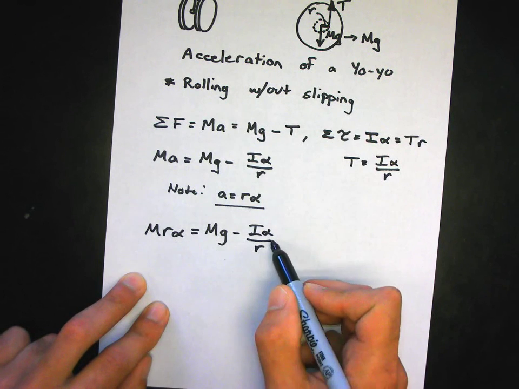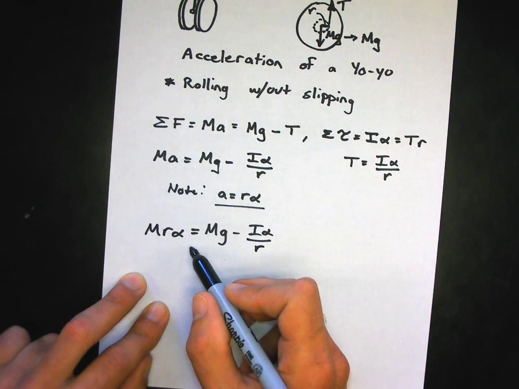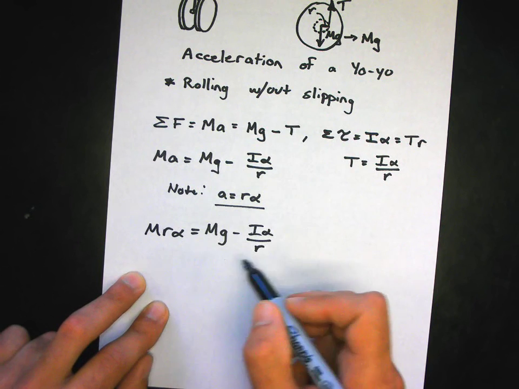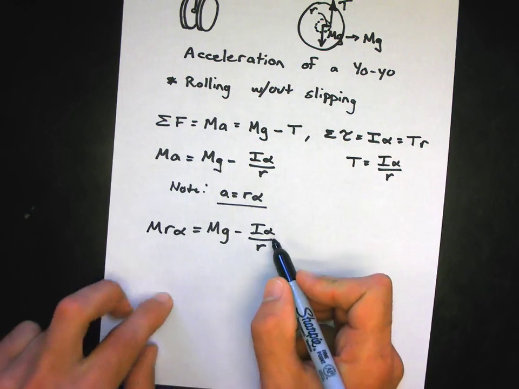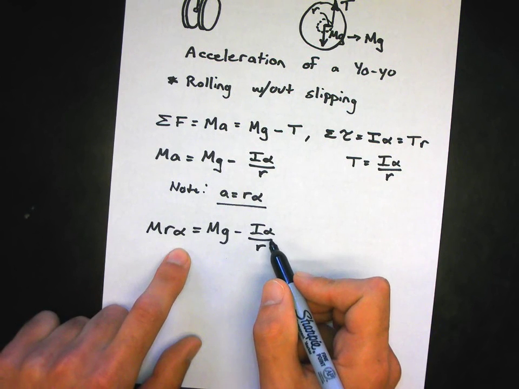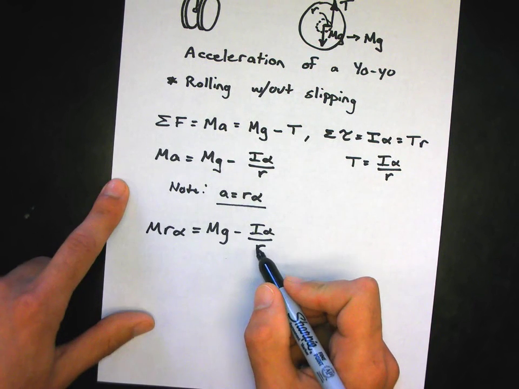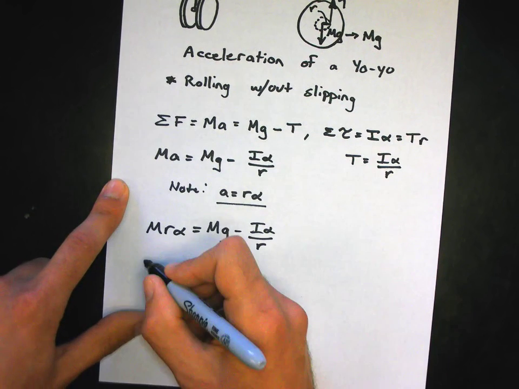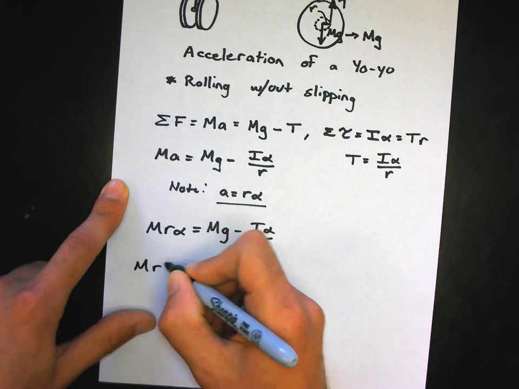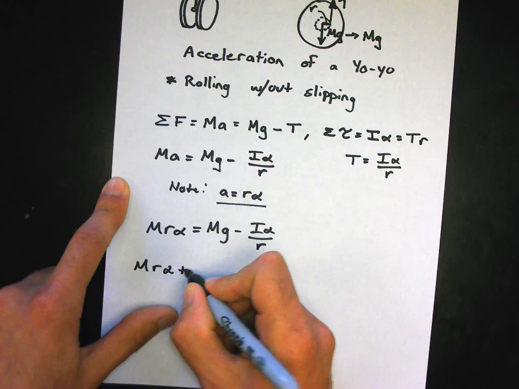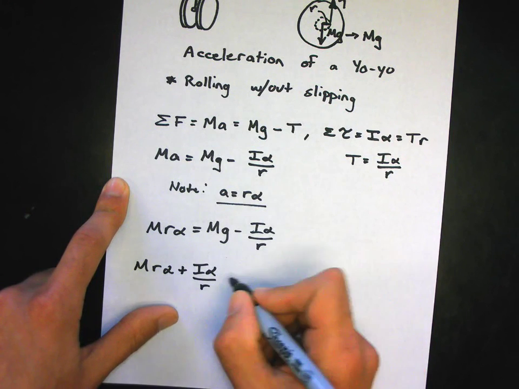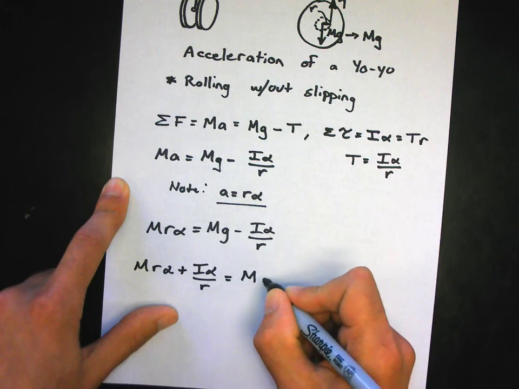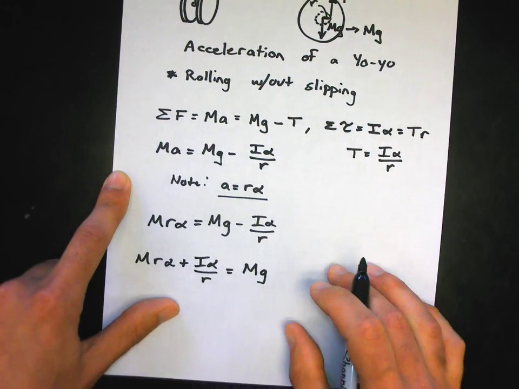So we see now that we only have angular acceleration in our equation. Now I'm going to solve for it. So I need to get all my like terms on one side, or all my accelerations on one side. So I'll add I alpha over r. So we get m r alpha plus I alpha over r will equal mass times gravity.